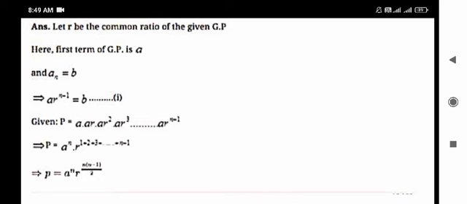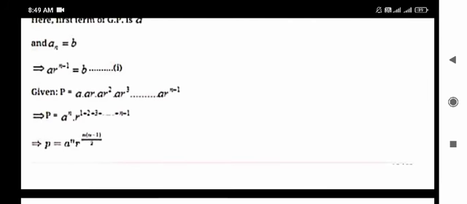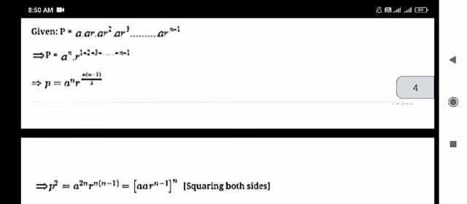Now, put the product equal to a to the power n, taking r to the power 1 plus 2 plus 3 up to n minus 1. In this, we put the value of the sum of the series, that is n into n minus 1 by 2. For the sum of the series 1, 2, 3, 4, 5, we use this formula.